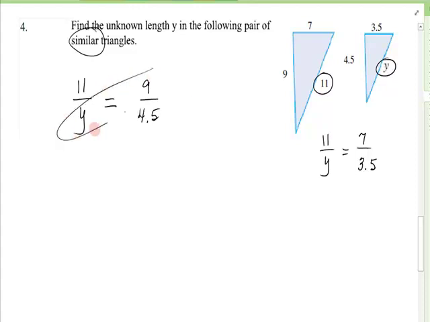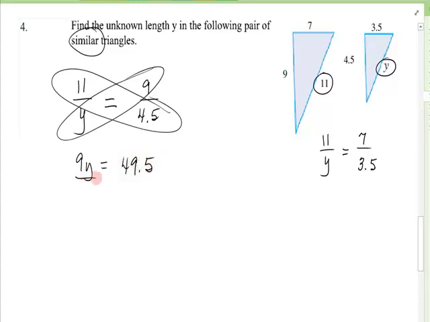All right, cross products. 9y is equal to 11 times 4.5. We have 49.5. Divide both sides by 9. And I get y is equal to 5.5.